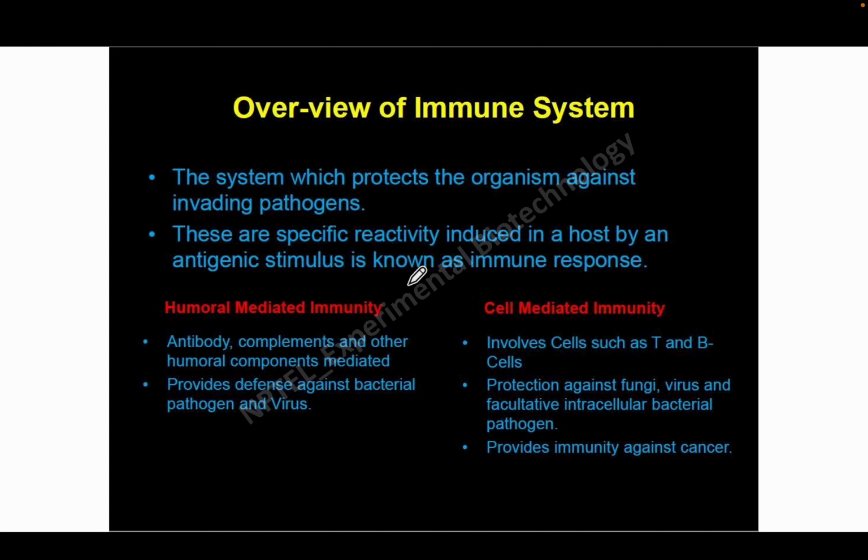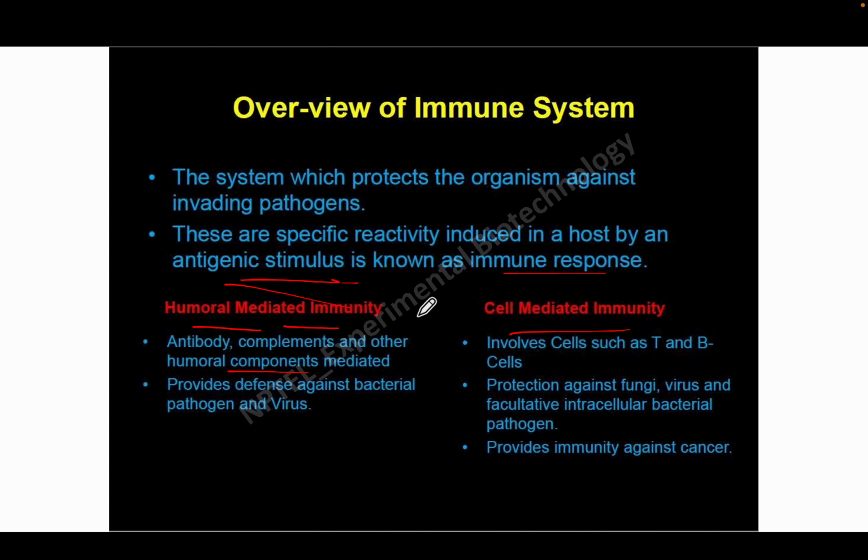There is some specific reactivity induced in a host by an antigenic stimulus. So when we get an antigenic stimulus, those immune responses appear. There are two kinds of immunity: humoral mediated immunity and cell mediated immunity. Humoral mediated immunity is mediated by antibodies, complements and other humoral components.